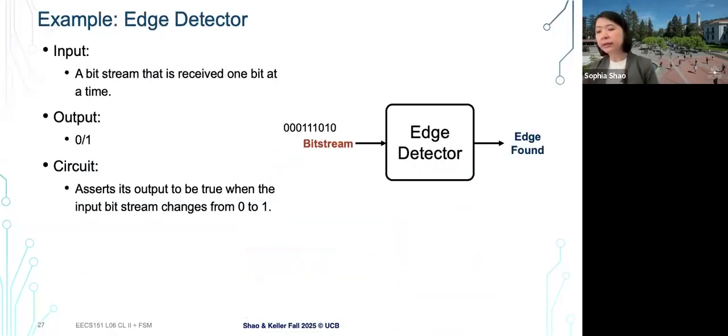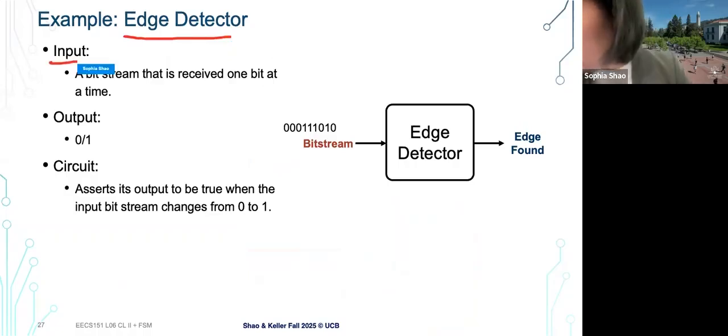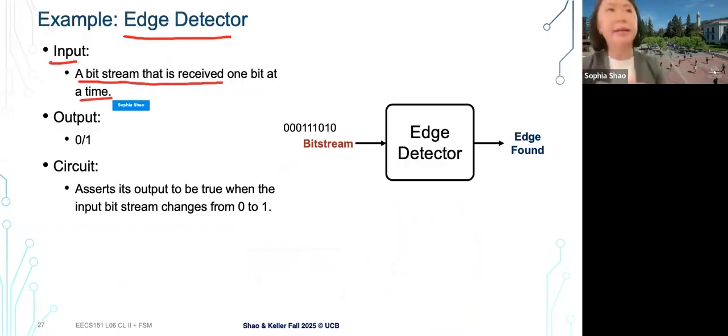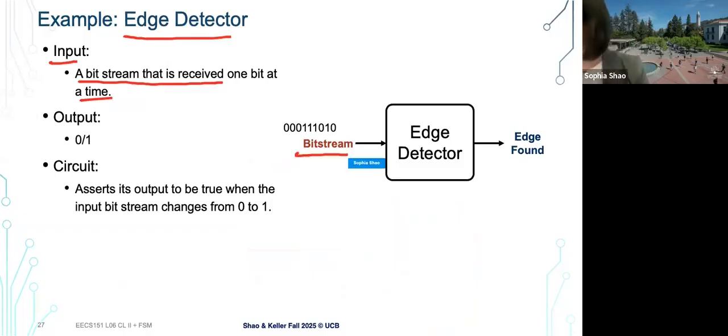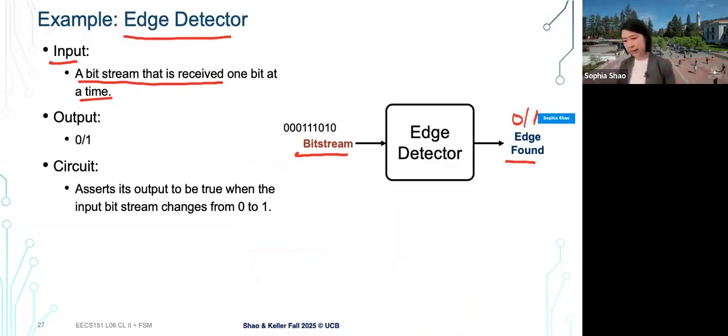So here, let's try a different FSM. What we want to build is an edge detector. What does it do? The input is a bit stream of data. We're receiving 1 bit at a time, so that's our input. And the output is a binary signal indicating whether I find an edge or not.